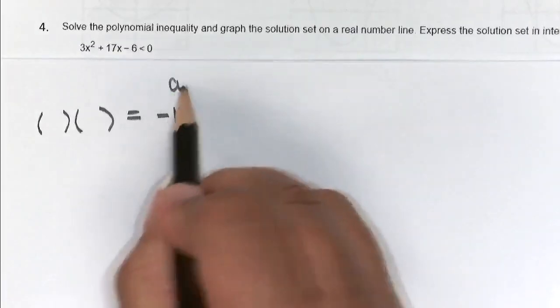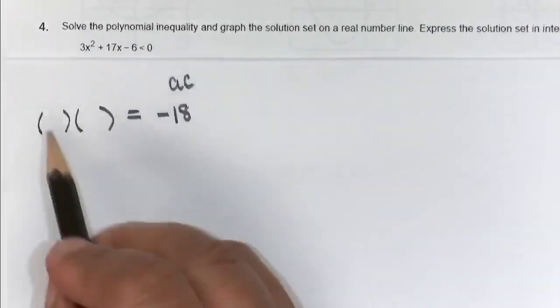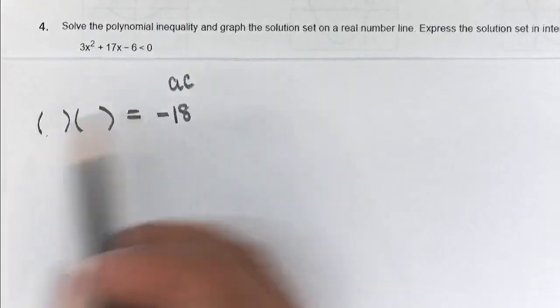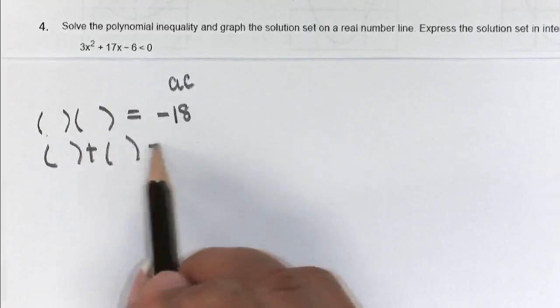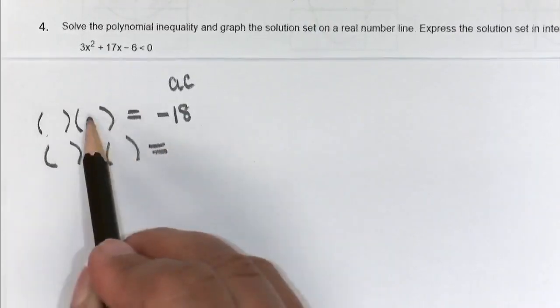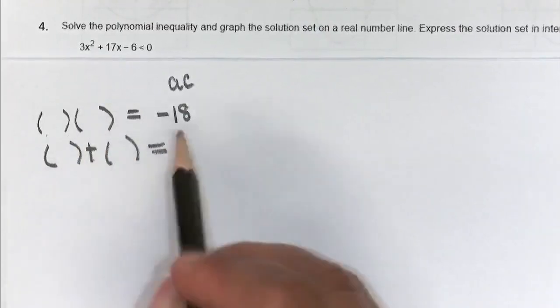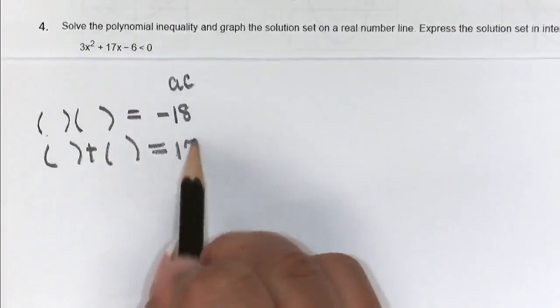This is the A times C value. So you're looking for a product that's equal to negative 18, but from here on, for this step, it's the same. But these two numbers that you're going to use here again should add up to the middle term.